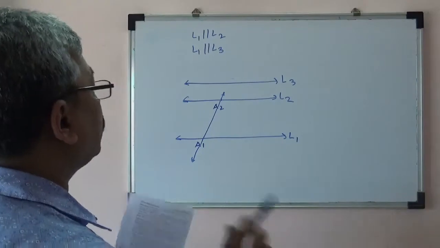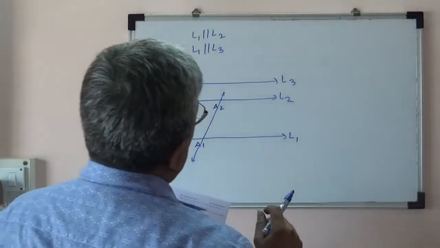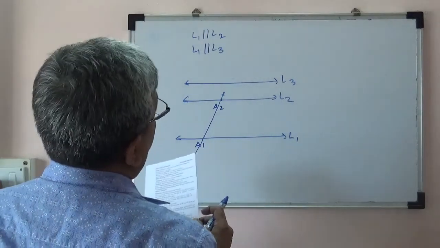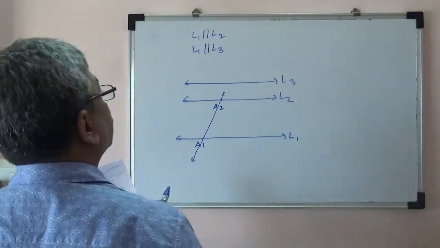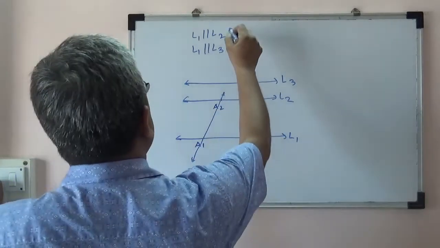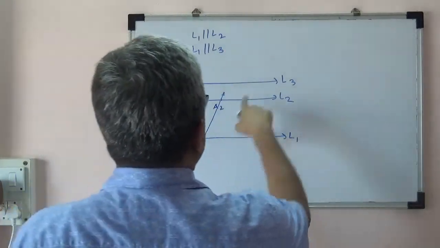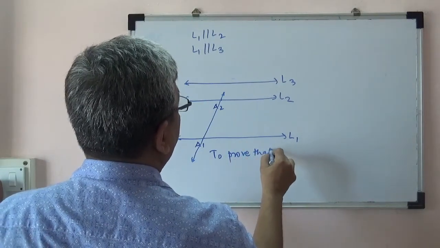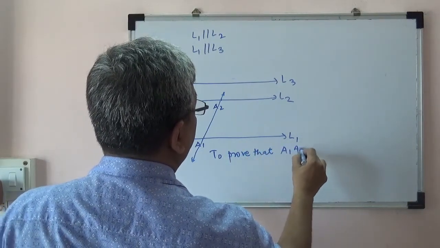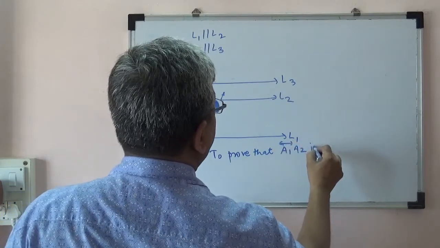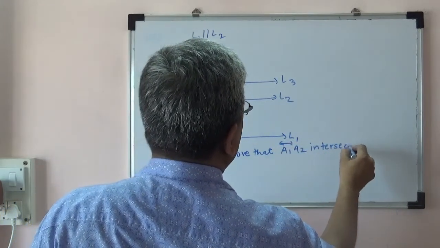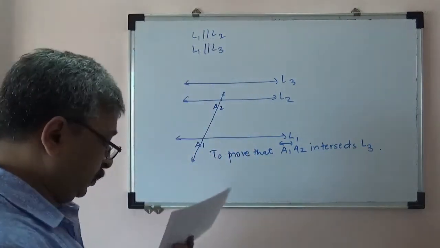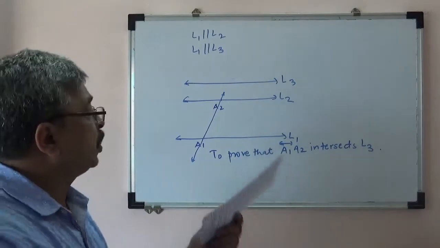Okay, so now what we can do is again use contradiction. What we are supposed to prove is that A1 A2 intersects L3. Now how do we go about it? If possible, it does not intersect.